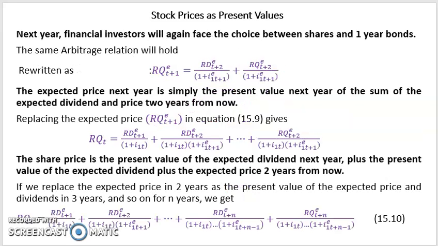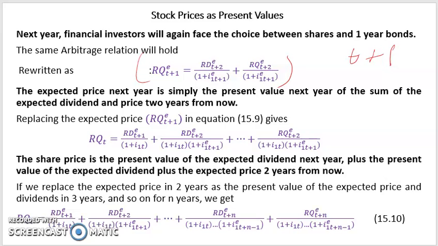So this is simple. Because next year financial investors will again face the choice between shares and a 1-year bond, therefore the same arbitrage relation will hold. So writing the previous equation, but now for time t plus 1, that is the time of next year, and taking the expectation into account, this is what we get.